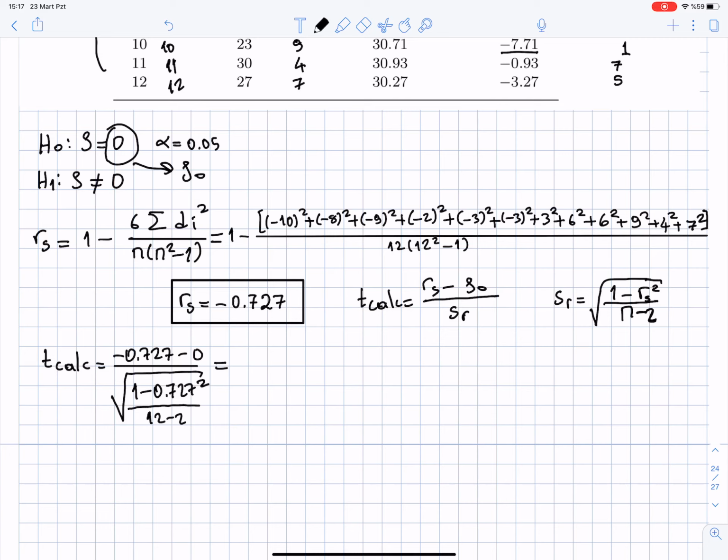Okay, minus 0.727 divided by the square root of 1 minus 0.727 squared, divided by 10.